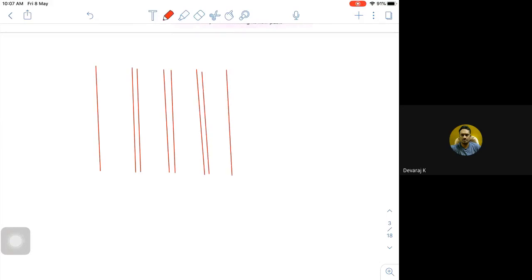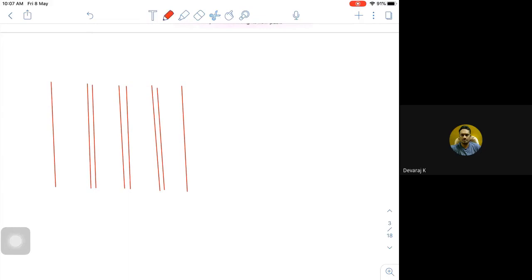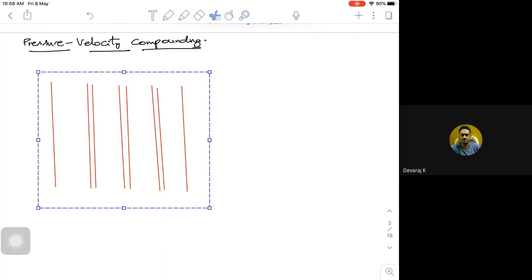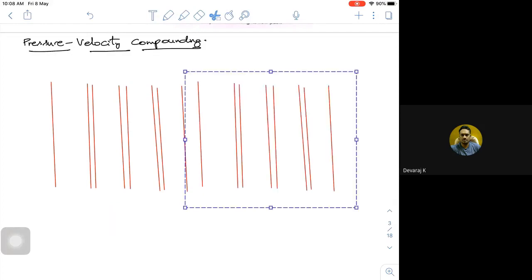I am writing it for pressure velocity compounding, where you have both. So this is one stage, say high pressure, then I will be having the low pressure.